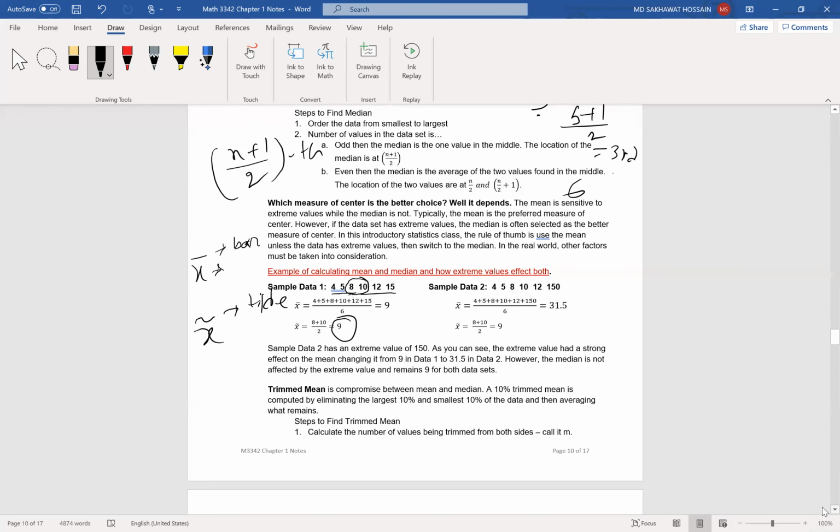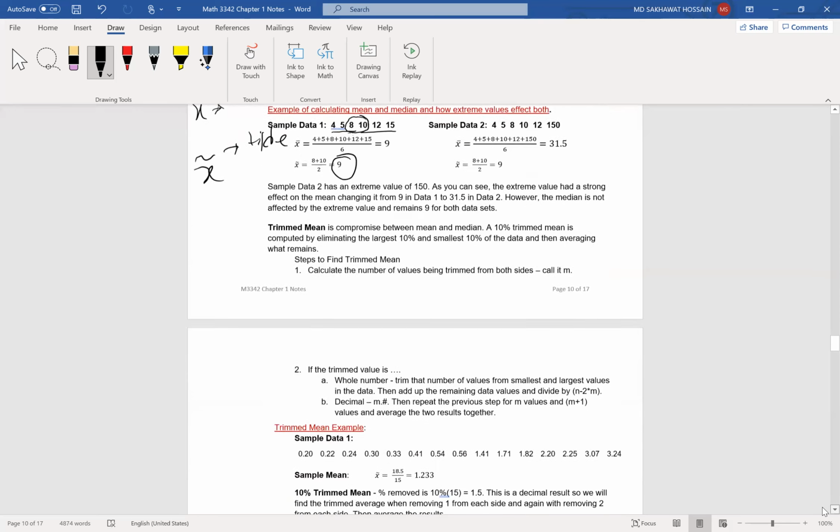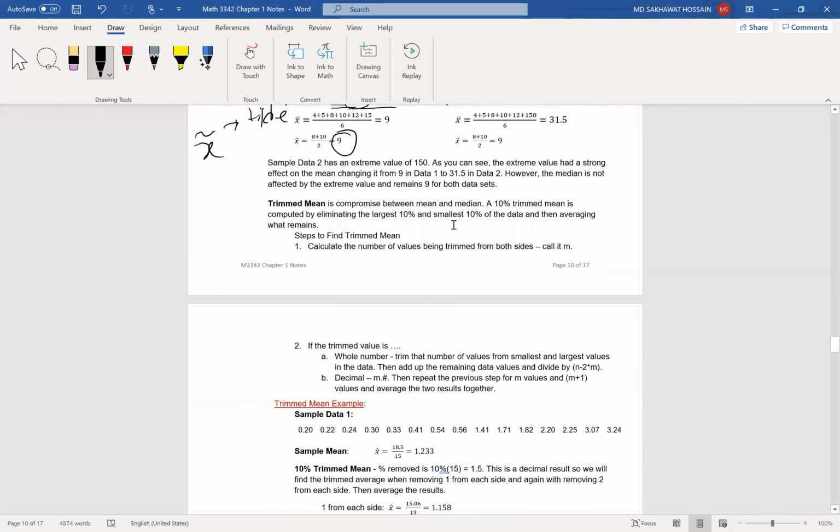Then we'll discuss the trimmed mean. So what is the trimmed mean? If you are asked to find the 10% trimmed mean, that means you will be eliminating the largest 10% and smallest 10% of the data set. For example, if you have 10 observations and you want to calculate the 10% trimmed mean, how can we calculate it?